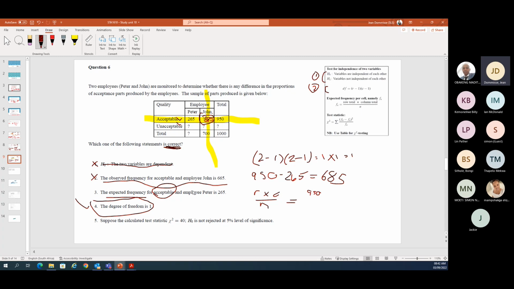They ask us for the employee is Peter. So now we need to get that total. That total is just 1000 minus the 700 will give you the 300.